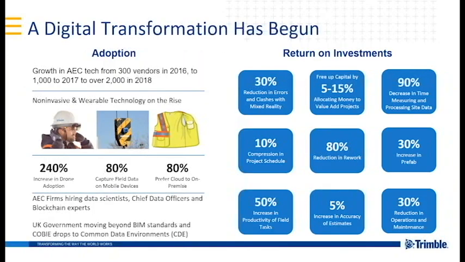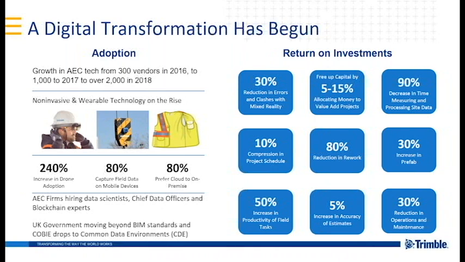But we are seeing a big shift in construction. Digital transformation has begun since 2016 with the BIM legislation coming into play. We're seeing more and more people trying to look at ways of reducing their risk. We've seen a huge increase in non-invasive and wearable technology such as the HoloLens with applications like Trimble Connect.